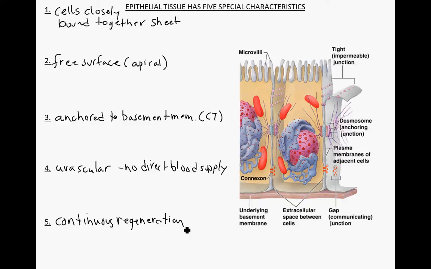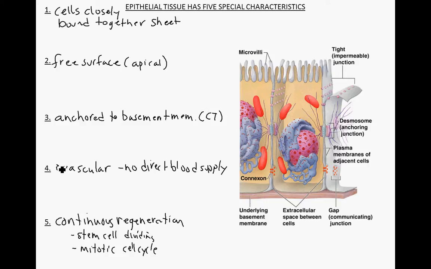That is, that they are stem cell-like and that they are constantly proliferating via the mitotic cell cycle. So you're constantly dividing, growing, dividing cells here. This makes sense because if they are in contact with the outside world in some way, they're being abraded. If you lose cells, you need a way to regenerate them pretty quickly.